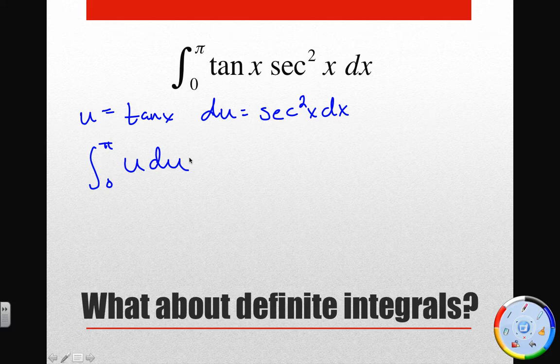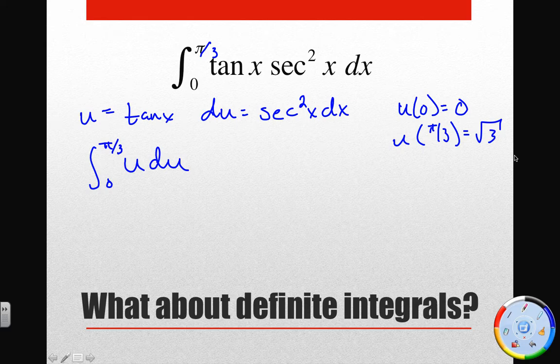Now, there is something here that you do have to change up a little bit. And I'm sorry, this was supposed to be pi thirds. You can't actually use this thing anymore here for pi thirds. Or actually, you could, but if you would like to, you can change things around a little bit. If you want to know u of 0, tangent of 0 is 0, and then u of pi thirds is root 3.